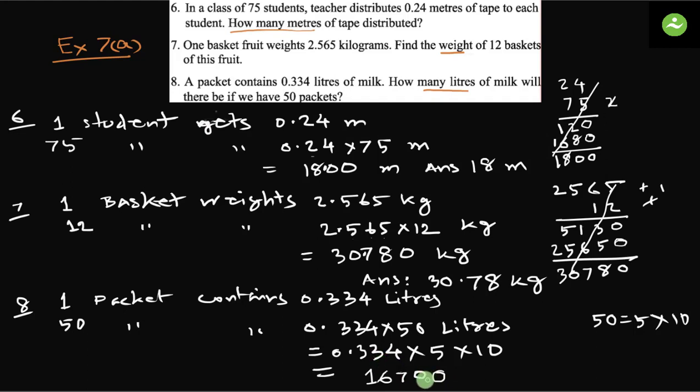But before you finish, you have to look at the decimal number and see how many digits. 1, 2, 3 digits. So we put the decimal just before 3 digits here, 16.700. So what is the unit? Don't forget the unit. So the answer is 16.7 liters. Thank you everyone. Allah Hafiz.